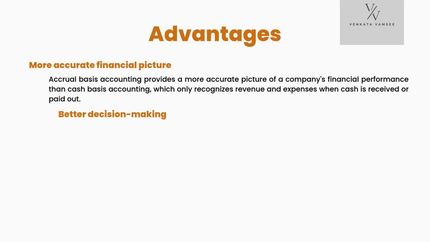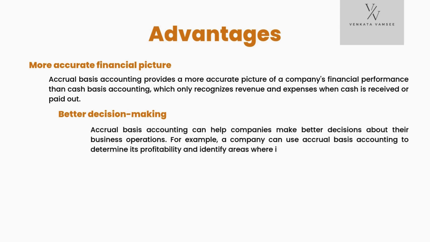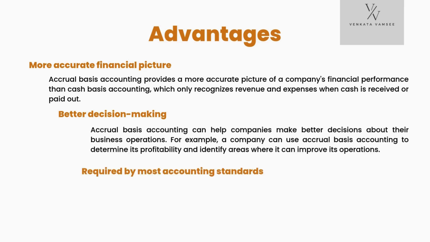Better decision making. Accrual basis accounting can help companies make better decisions about their business operations. For example, a company can use accrual basis accounting to determine its profitability and identify areas where it can improve its operation. Required by most accounting standards.